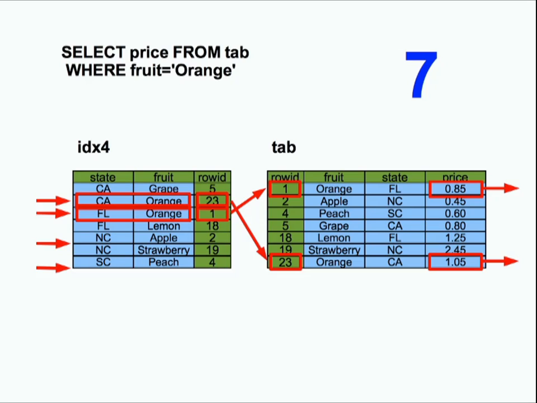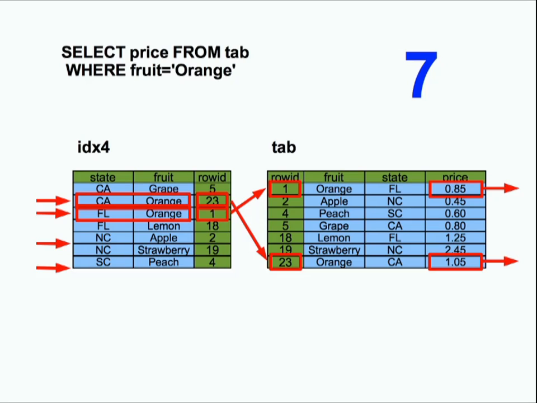What happens is that we can do an indexed lookup on this. SQLite can do this. It goes down and it says, well, suppose there's a limited number of states. There's really only 50, right? So it takes the first state and says, show me all of the entries for orange in the first state. And then it takes the second state and, show me all the entries for orange in the second state.